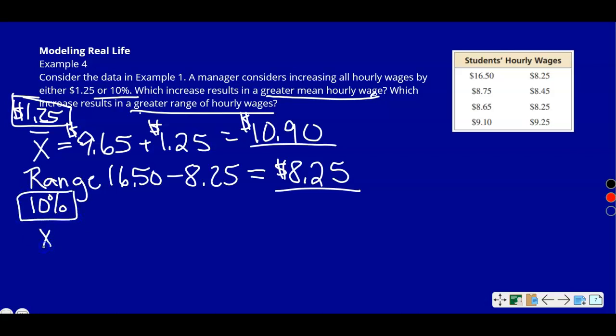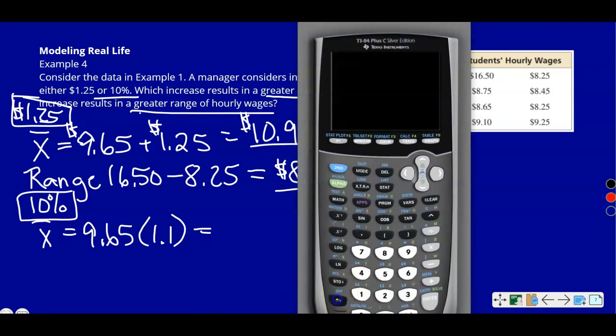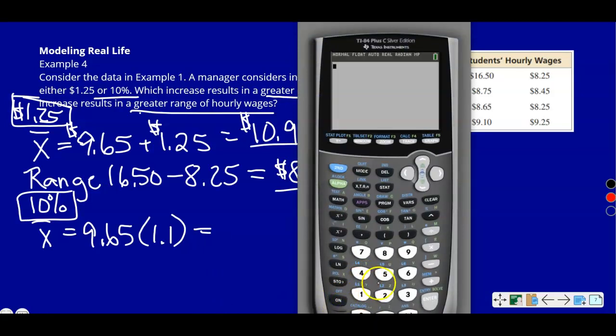All right, so I've got my mean. The original mean was $9.65, and I want to multiply that by 1.1, which represents a 10% increase. Again, remember 1 times 9.65 is 9.65. So I want it to increase by that 10%. All right, so let's see what we get. 9.65 times 1.1.